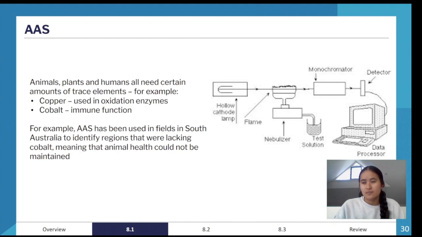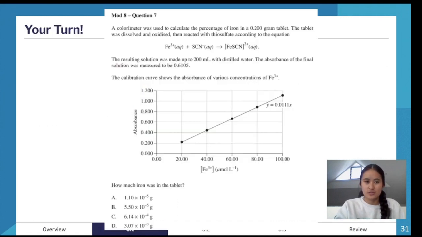So basically it's just used to find and monitor trace elements, very small concentrations. If the concentration is too small, it won't show up, but this can do pretty small concentrations. So it's good for finding those small concentrations.